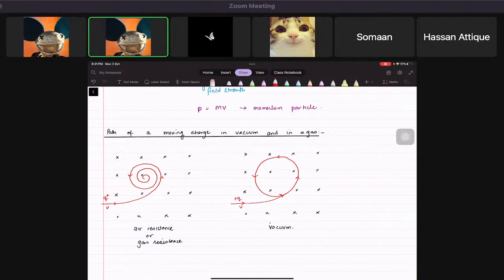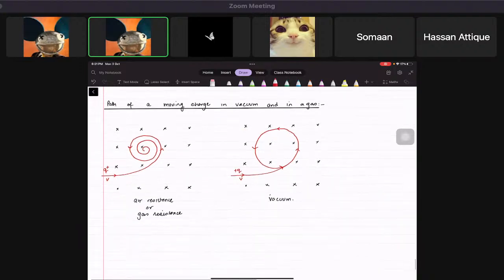Now there are two facts that I want you to understand very, very clearly. I'm going to write it. Number one, the main difference between a magnetic field and electric field is that in the magnetic field, force is experienced by only moving charges, and you just need to remember that always.